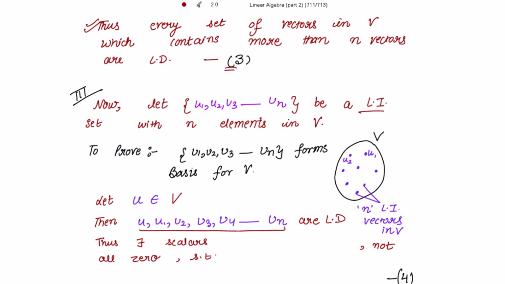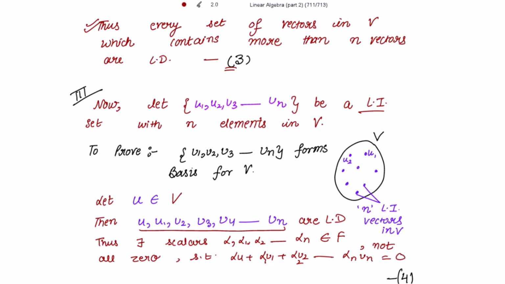Because it is linearly dependent, there exist scalars, say for u I'm taking alpha, for u1 alpha 1, then alpha 2 up to alpha n. These scalars which belong to F, not all 0 because these are linearly dependent, so we choose the scalars not all to be 0 such that alpha u plus alpha 1 u1 plus alpha 2 u2 up to alpha n un equal to 0.